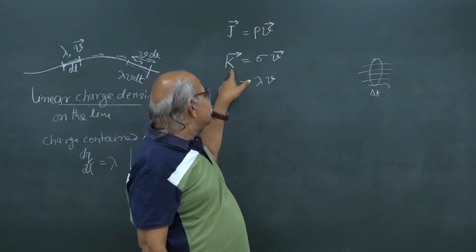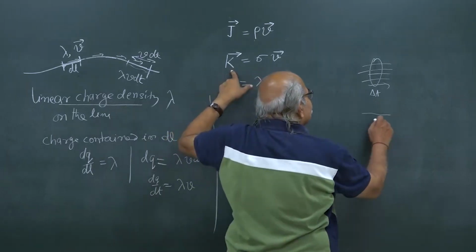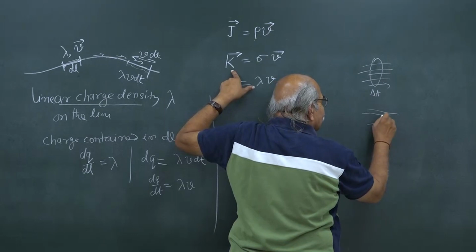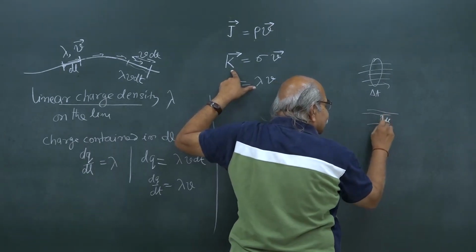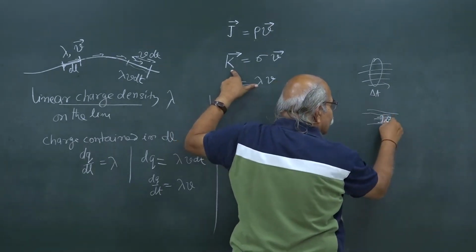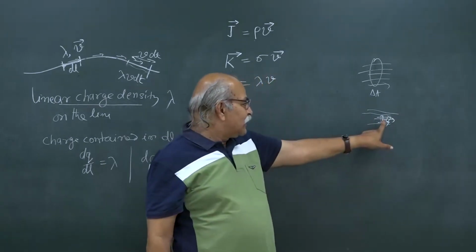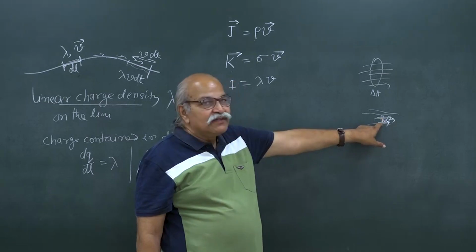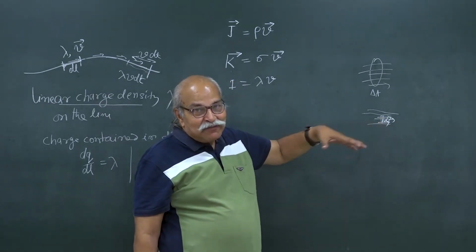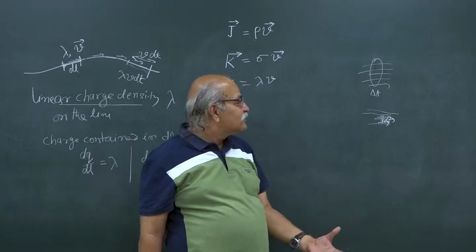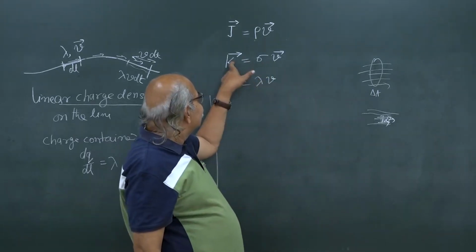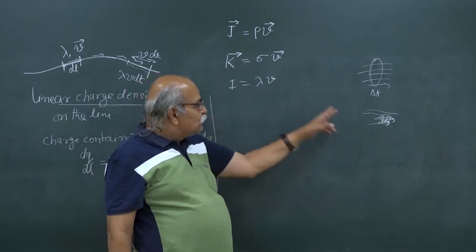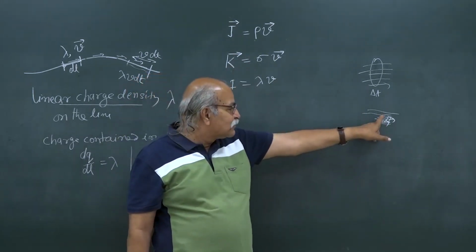Then surface current density, here the things were going on a surface, but then we took a length dl and asked how much is the charge crossing this length dl per unit time, and then we divided by that line, so it becomes per unit length, and therefore we define this K, surface current density, which is current through this line divided by this line.